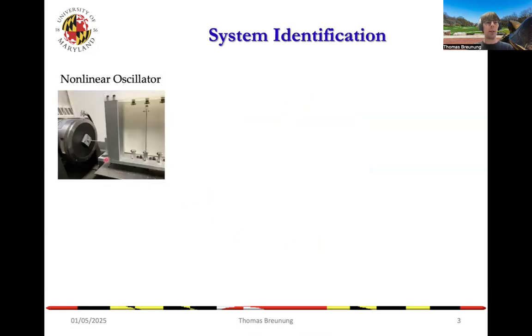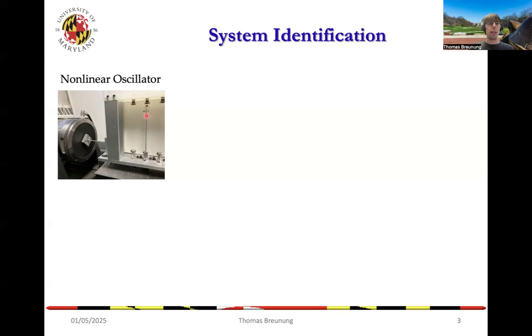So here we have a nonlinear oscillator setup, a shaker experiment. On the left-hand side, we have a shaker and a sliding table, which passes the excitation from the shaker onto this cantilever, which is the nonlinear oscillator. I'm going to measure the strains of this cantilever with a strain gauge. Additionally, we see some tip magnets here which induce strong nonlinearities.